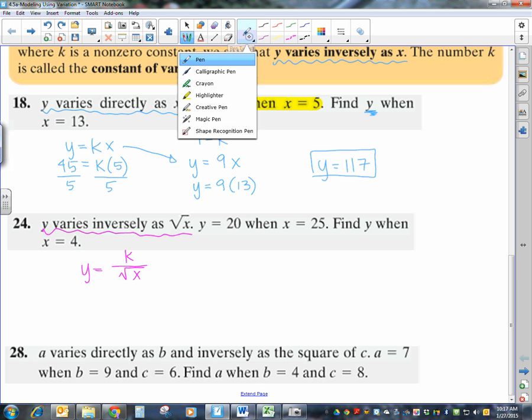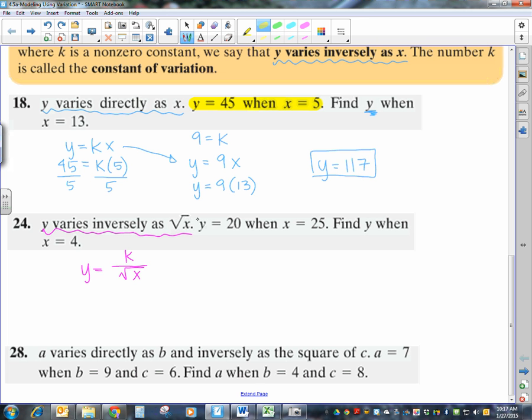Okay, and again, they're going to give you some numbers to plug in. y equals 20 when x equals 25. So y is 20 when x is 25. So this says that 20 equals k over the square root of 25, which is 5.